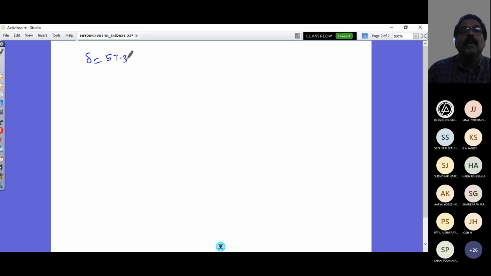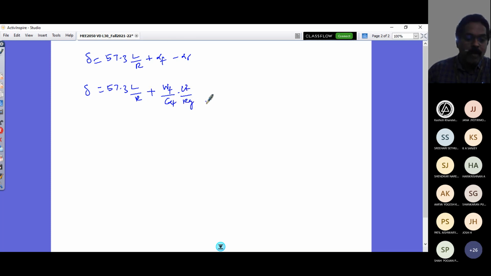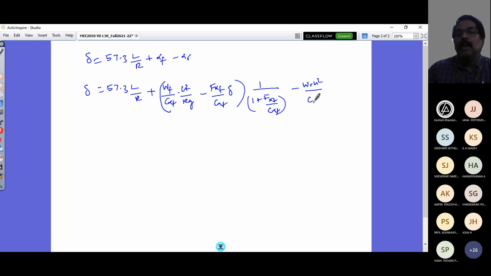Delta equals 57.3 L by R plus alpha F minus alpha R. So this is going to be delta on this side, 57.3 L by R plus, now substituting alpha F, it becomes WF by C alpha F into U squared by RG minus FXF by C alpha F into delta, into 1 by 1 plus FXF by C alpha F. This is alpha F, minus WR U squared by C alpha R into RG into 1 by 1 plus FXR by C alpha R. Right? So this is what we get by substitution.